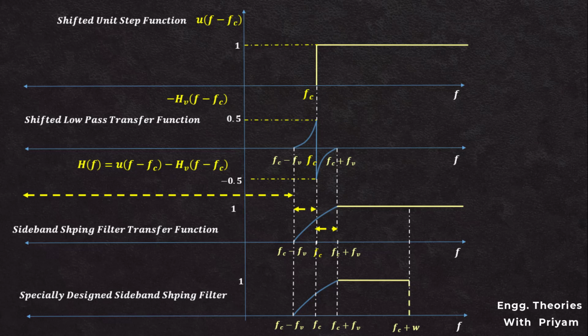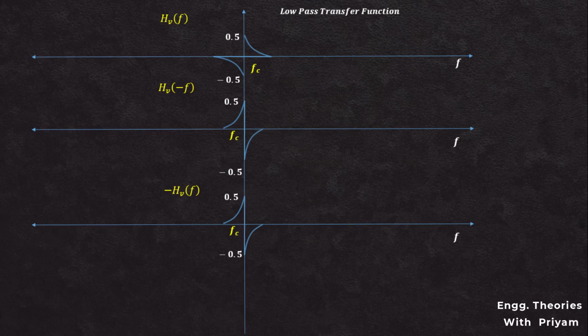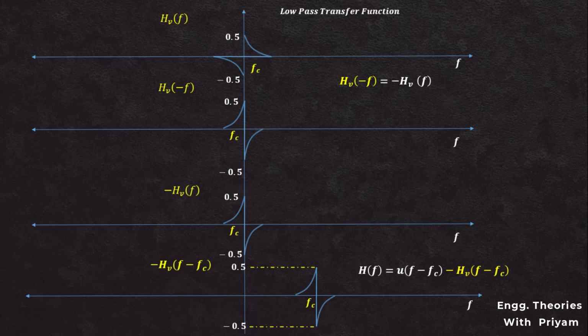And we can also see that here H_v(f) satisfies the property of odd symmetry about the zero frequency because it maintains the condition H_v(-f) equal to -H_v(f). As H_v(f) maintains the odd symmetry at zero frequency, we can say that the shifted low pass transfer function, -H_v(f - f_c), will also maintain the property of odd symmetry at the carrier frequency.